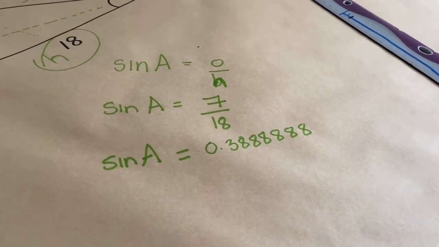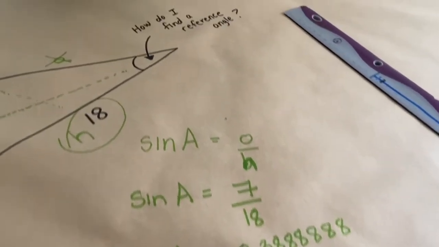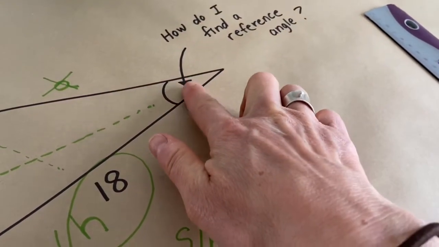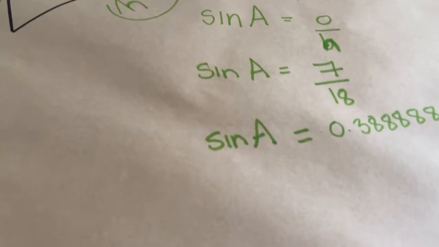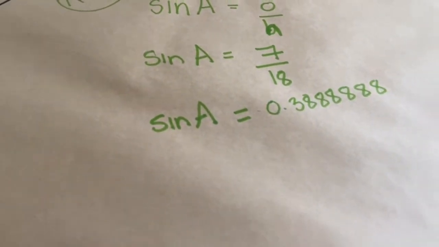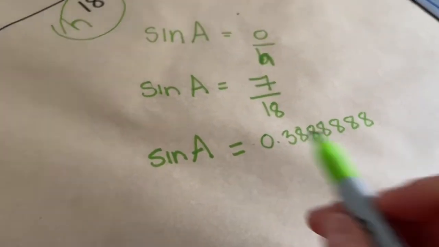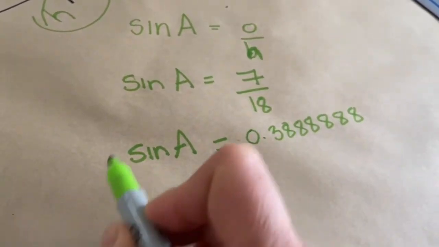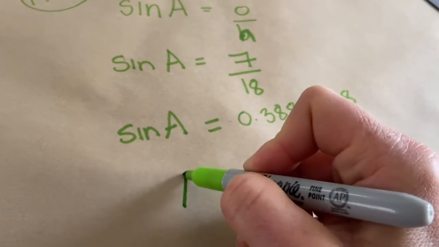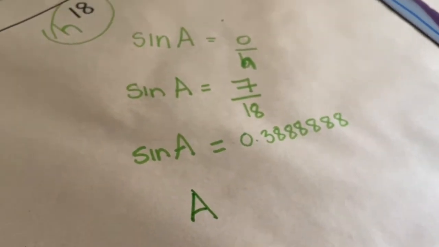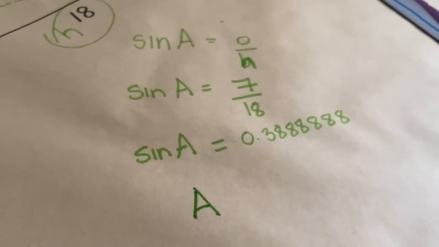Now, remember what we talked about before. Anytime my question is asking me to find a reference angle, I'm not just going to press sine. I need to press something else as well. I want to take this sine and move it to the other side because I want to get the angle all alone. And the only way I can do that is by doing the opposite operation of sine.